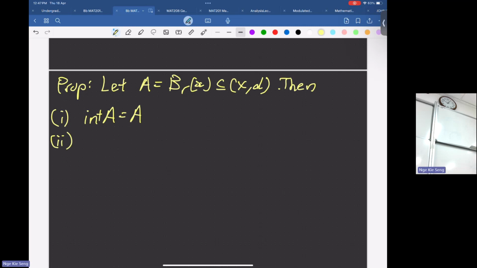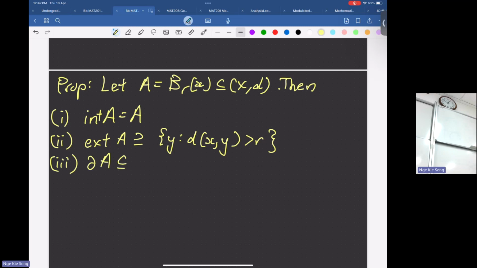Two, the exterior of A is, or contains, the points such that d(x,y) is strictly greater than r. And three, the boundary of A is contained in the set of points such that d(y,x) or d(x,y) is equal to r.